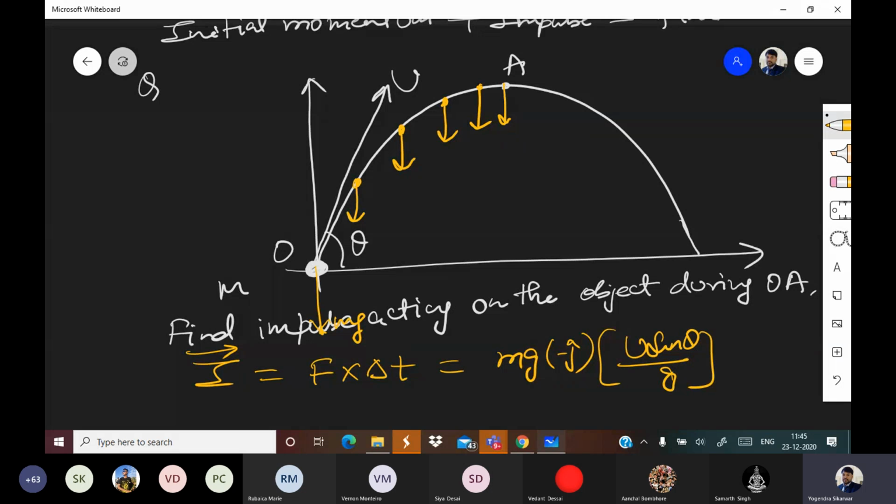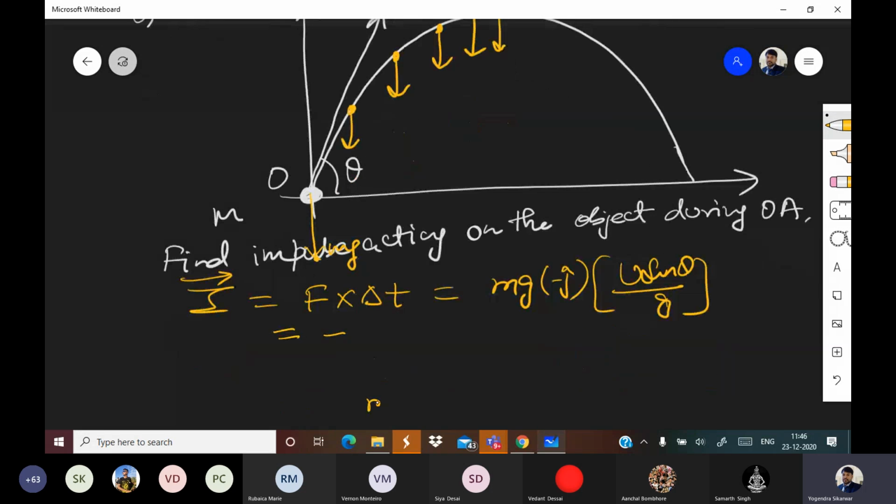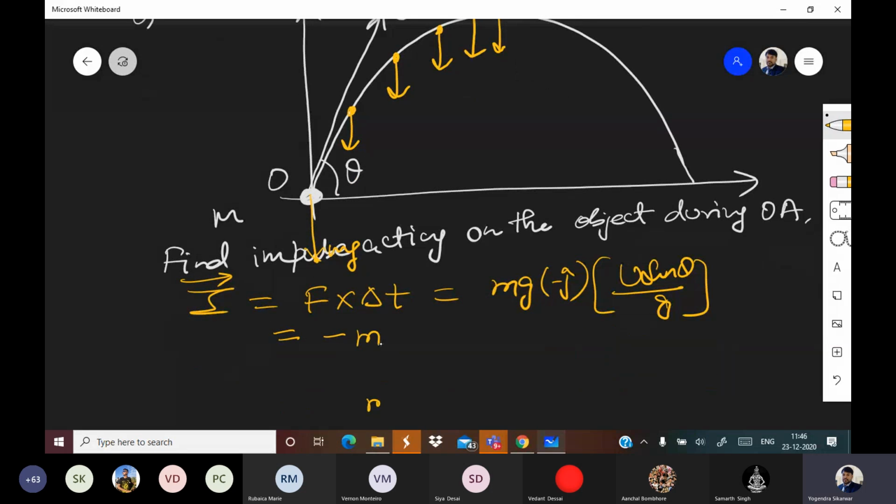Finished. Question is over. Suhas, check your answer. So g got cancelled, and your answer will be minus mu sine theta j cap. This is the answer of impulse.